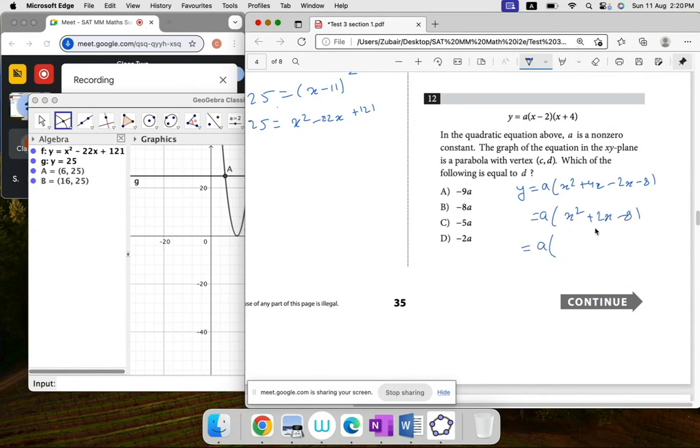Keeping a outside, completing square form: x square plus 2x plus 1 square minus 1 square minus 8. And I get a into (x plus 1) whole square minus 9a. So minus 9a is the y of the turning point.